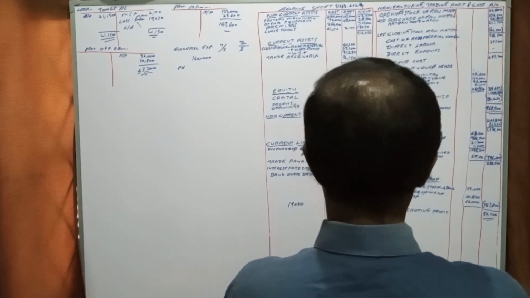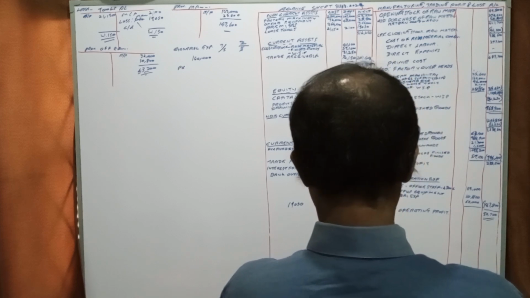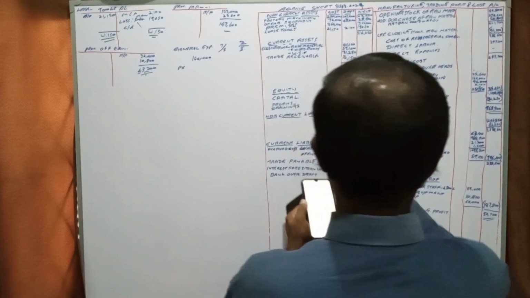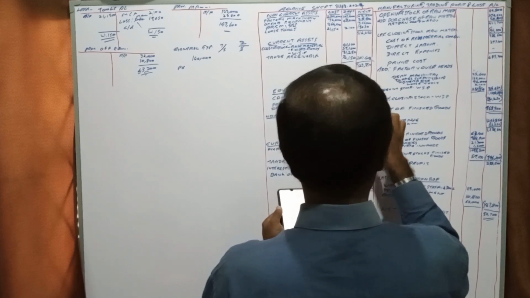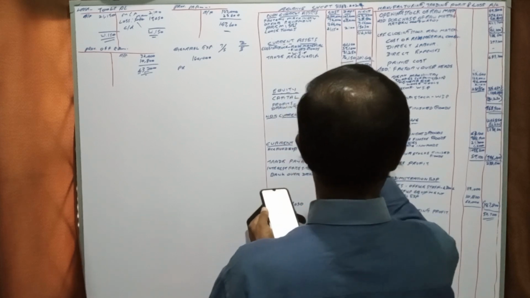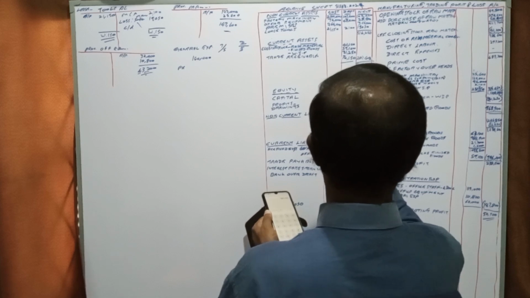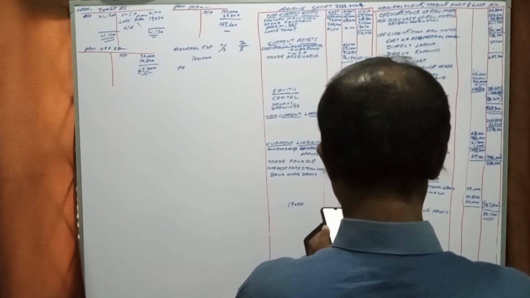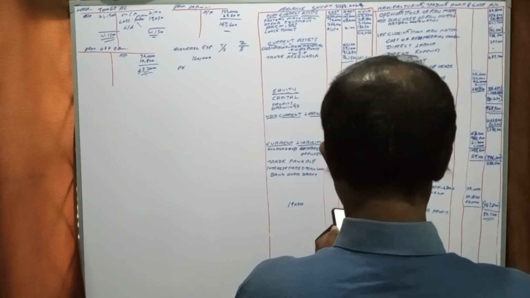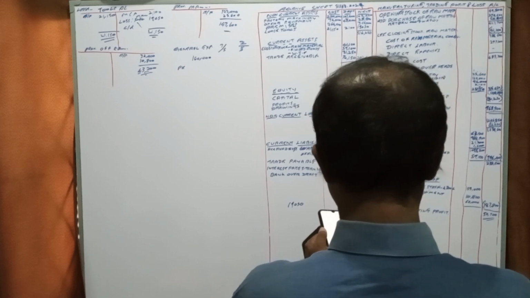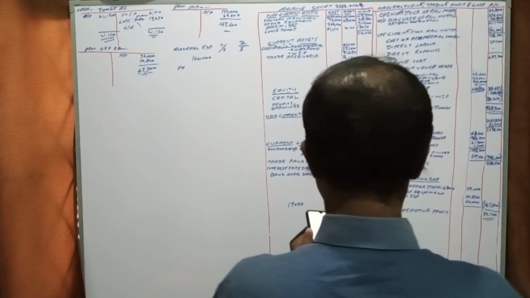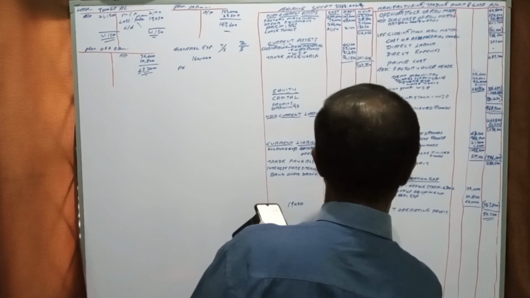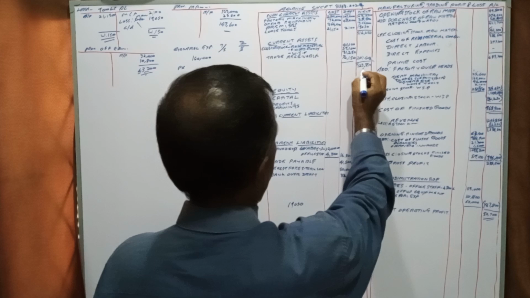Okay, 630,000 plus 50,700, right, minus 96,750, 583,950, right, plus 139,900, right. 583,950 plus 139,900, that is 723,850.